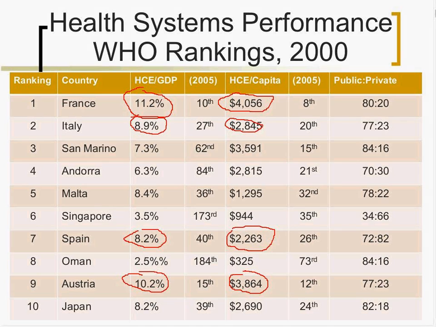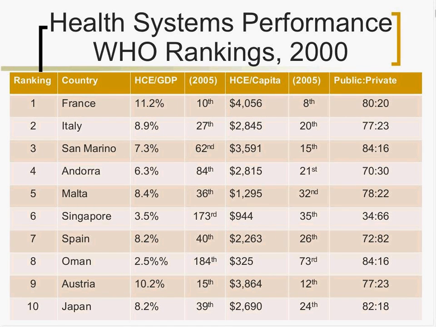on their system. I want to note the break between public and private. When we said it was around 75-25, that is 75% of the money comes from public sources and 25% comes from private sources. So the government, private being private insurance or out-of-pocket expenses.